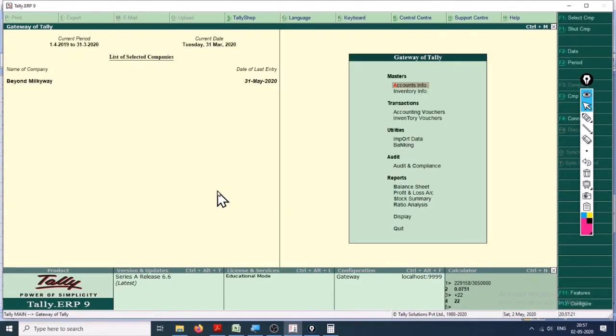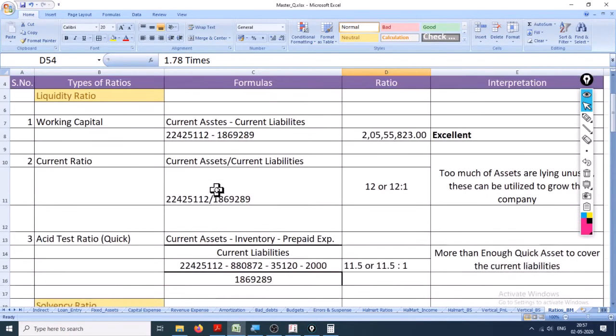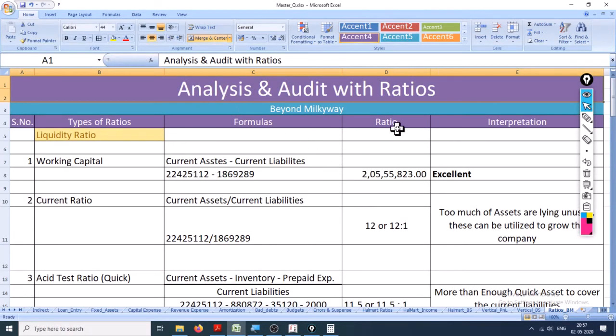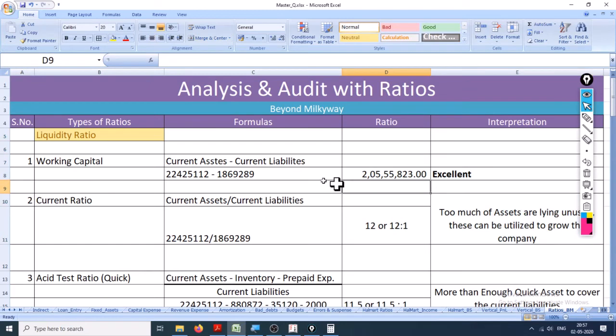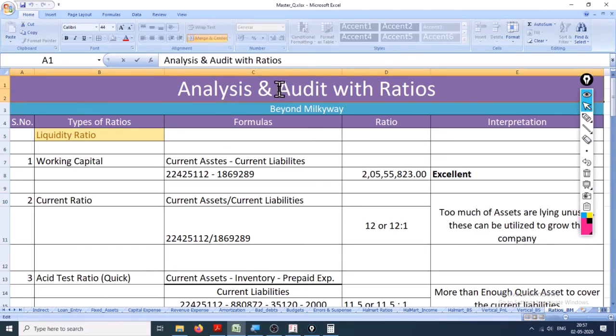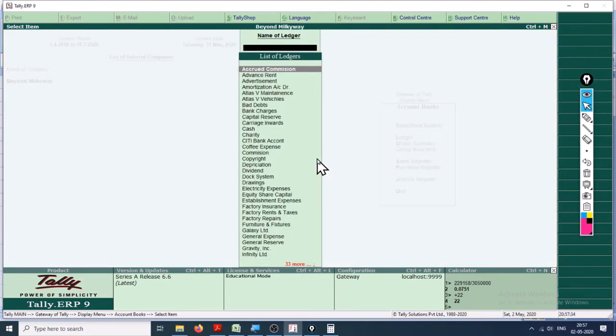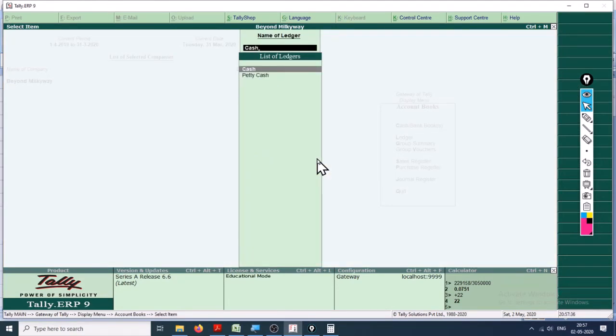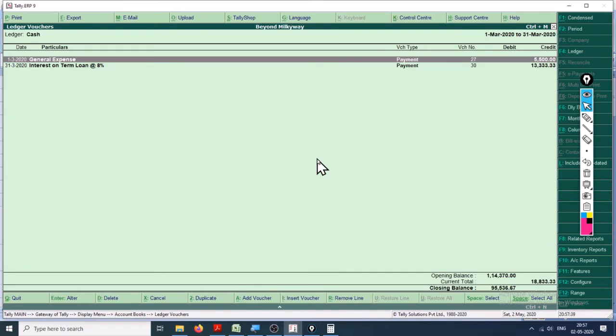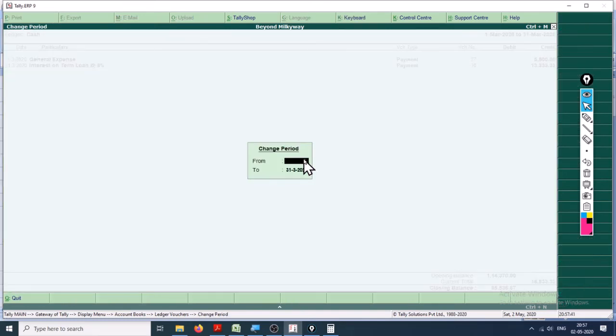Now one thing that you should do is, whenever you analyze these ratios, this is only the analysis part. And the audit part is carried out by opening each and every ledger and tracking a transaction, like for cash. So you can see that there is a 2 lakh entry in cash, that is why the cash is high.